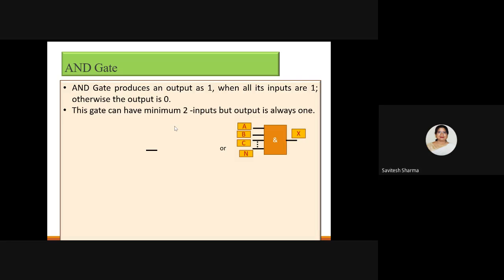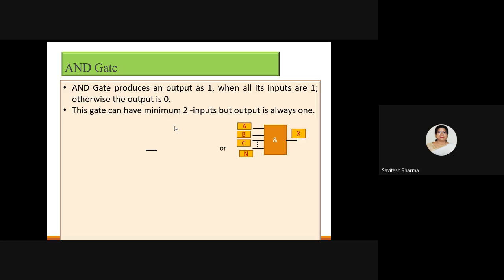It has a minimum of 2 inputs, and you can apply multiple inputs, but the minimum is 2. The output will always be single.